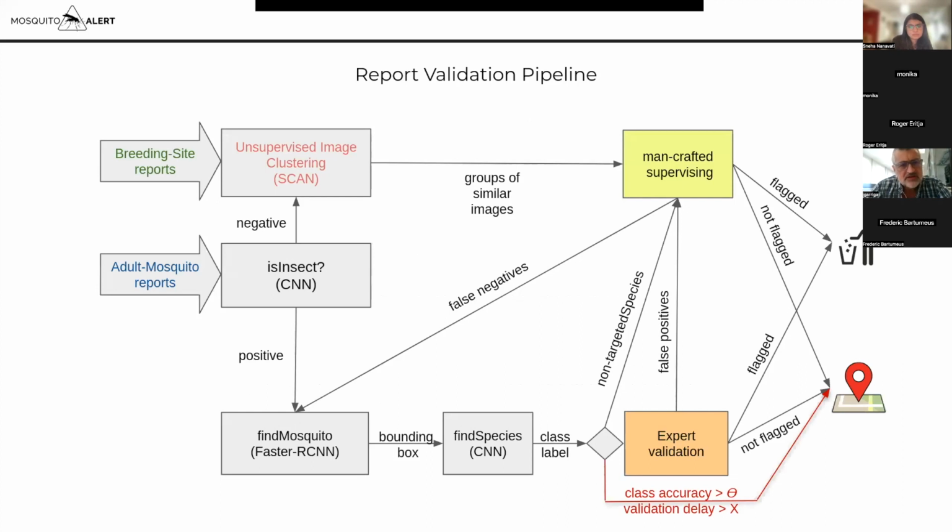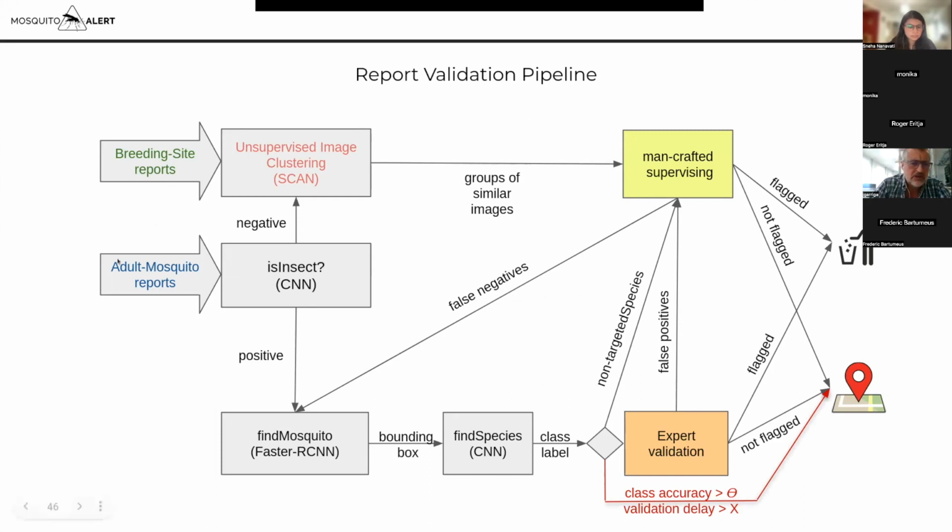This is a scheme of the current solution that we have implemented. You see at the left that our server receives the reports from the citizens. We receive two kinds of reports, basically: breeding sites and adult mosquitoes.